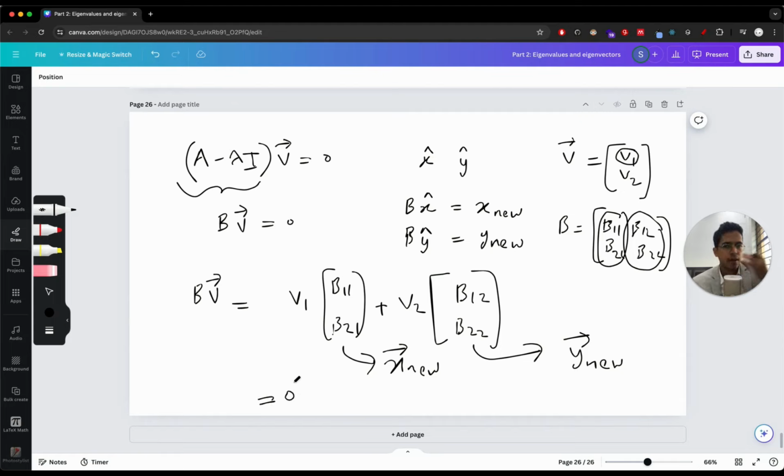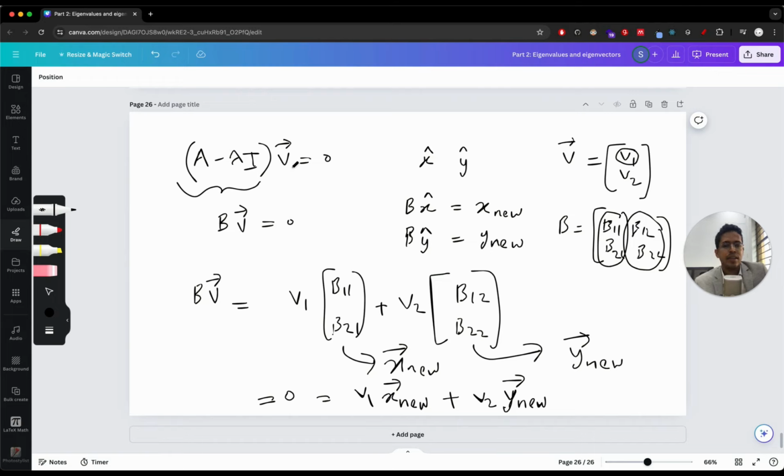Now, can you think, what does this mean? When can this happen? So now what's happening is 0 equal to V1 times X new plus V2 times Y new, right? And we had already said that we are not interested in the trivial solution.